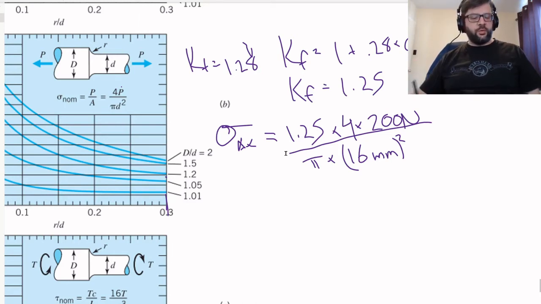So not too much. That gives us 1.2 megapascals. I'm not going down that low. 1.2 megapascals for our axial.